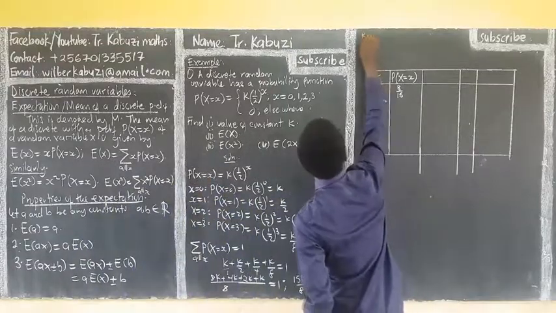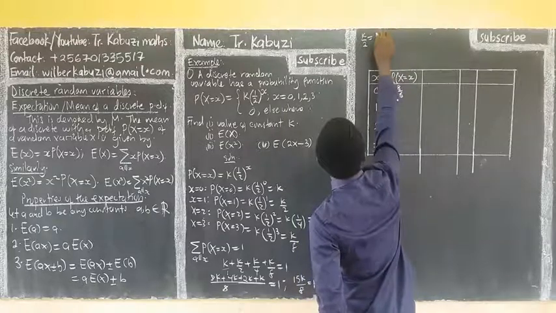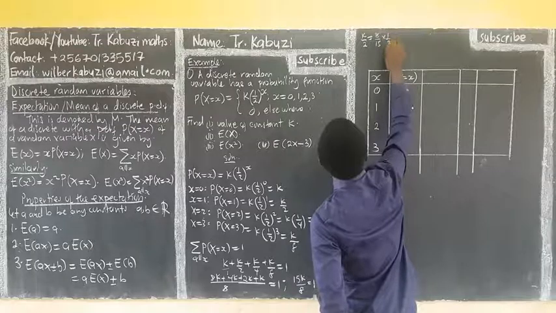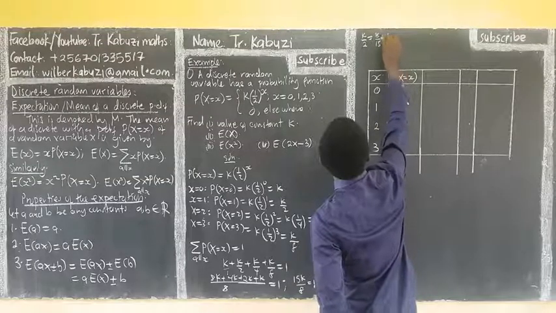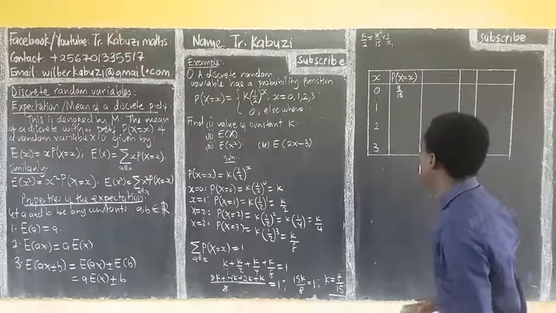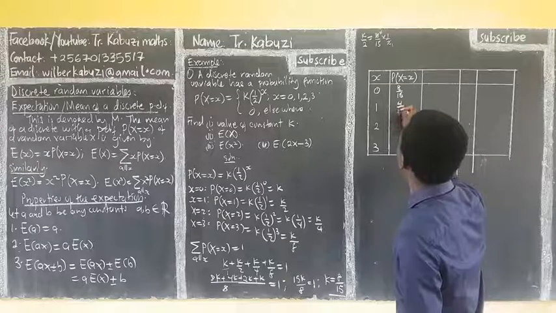So k over 2, the same as our k here. We have 8 over 15 times 1 over 2. This is half, so that is half of that. So this one is going to give us 4 over 15.